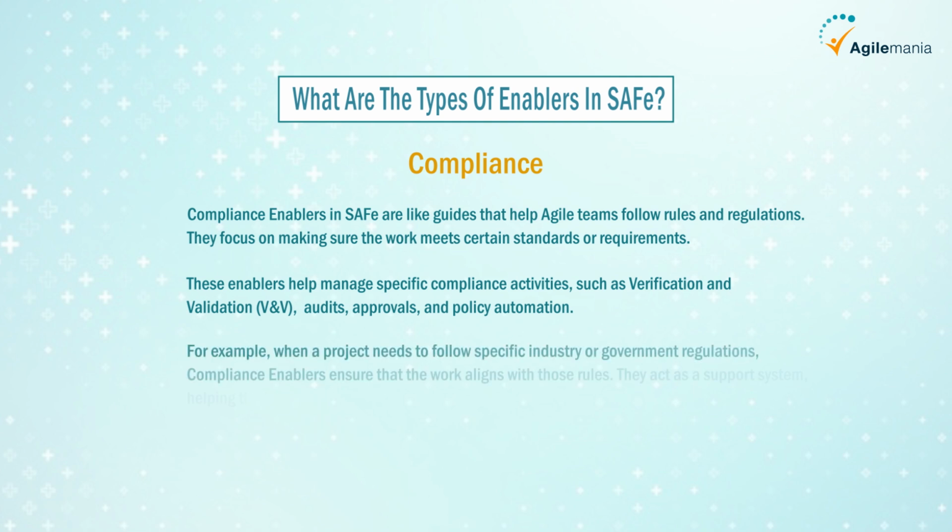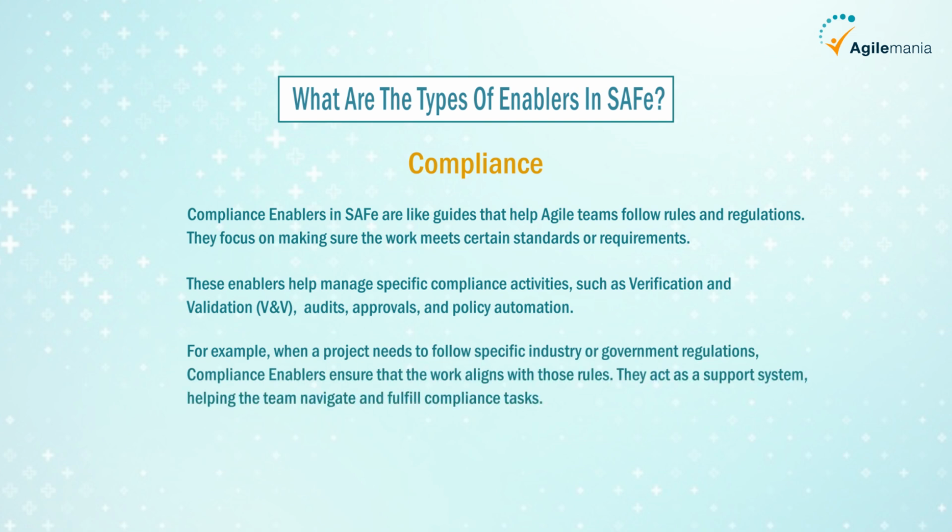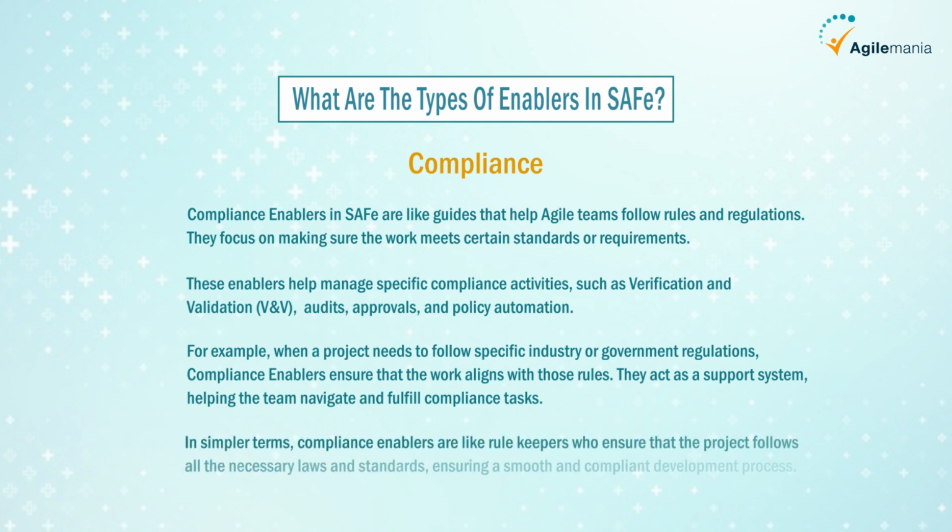For example, when a project needs to follow specific industry or government regulations, compliance enablers ensure that the work aligns with those rules. They act as a support system, helping the team navigate and fulfill compliance tasks. In simpler terms, compliance enablers are like rule keepers who ensure that the project follows all the necessary laws and standards, ensuring a smooth and compliant development process.